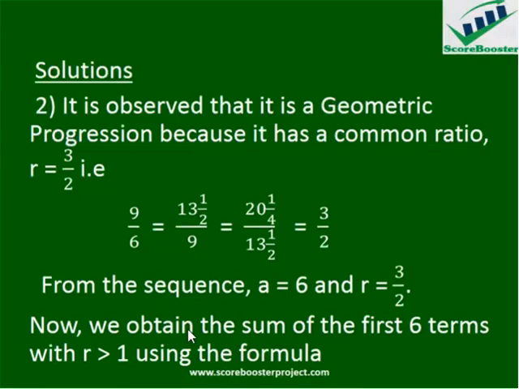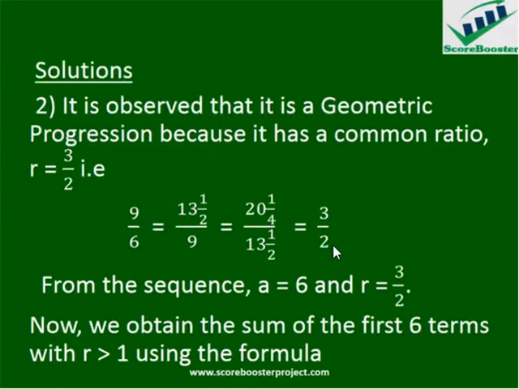And that is what we have here. 9 divided by 6 equals 13 and a half divided by 9 equals 20 and 1 over 4 divided by 13 and a half. And if we evaluate each of these, we get 3 over 2 as their lowest form.